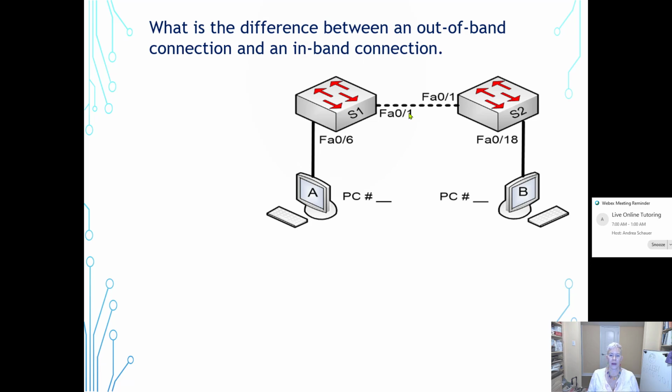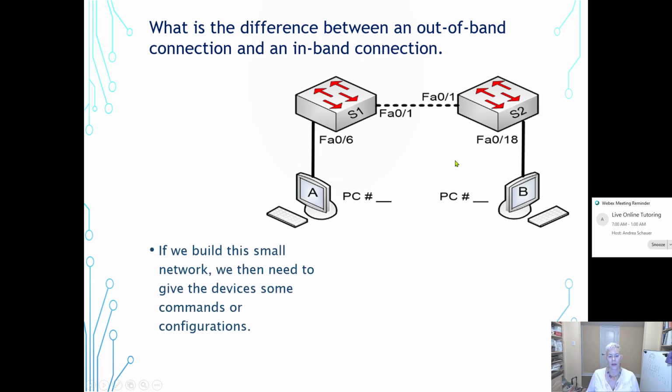In this scenario, as the network administrator, let's say that I have built this small network where I'm connecting two PCs through some switches, okay? Just a small network. So if we build this small network, the next thing I need to do as the network administrator is I need to get into this switch and this switch in order to give them some commands and tell them how they're supposed to handle the data traffic that's going to be moving across their links, across their media, okay?